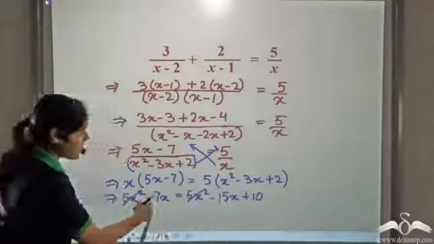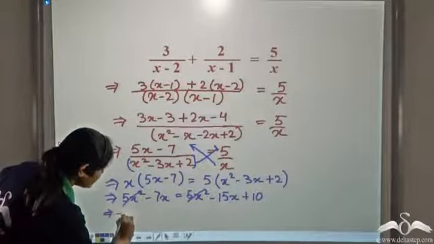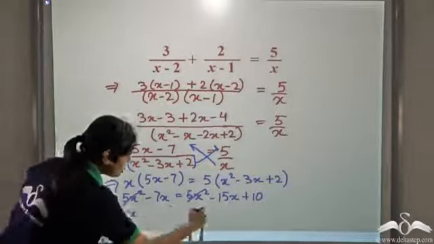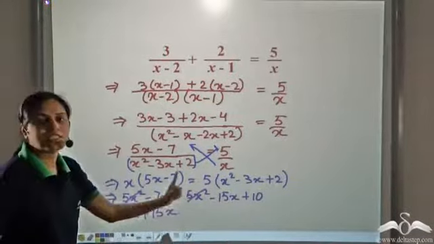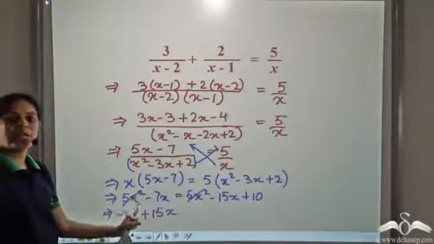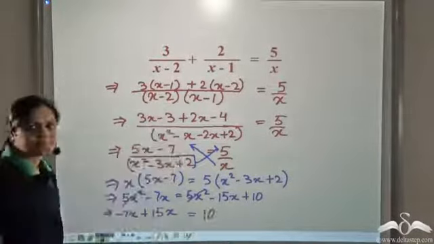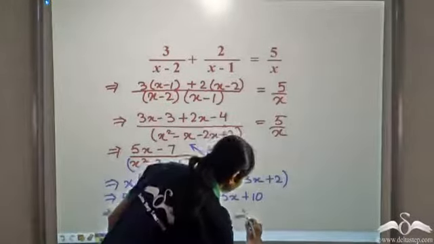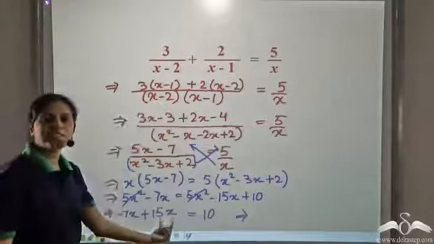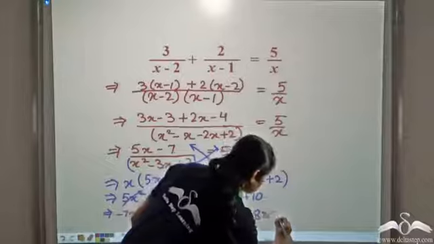Now, let us bring this x to the left hand side. So, negative 7x plus 15x, because negative 15x, if transposed to the left hand side, becomes plus 15x, is equal to 10. This implies negative 7x plus 15x is 8x. 8x is equal to 10.